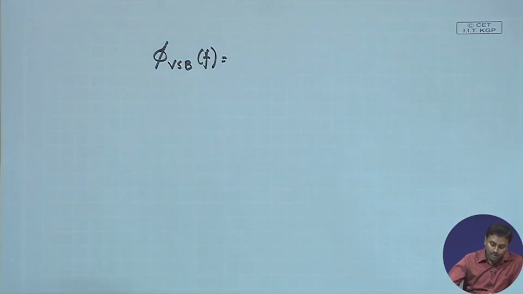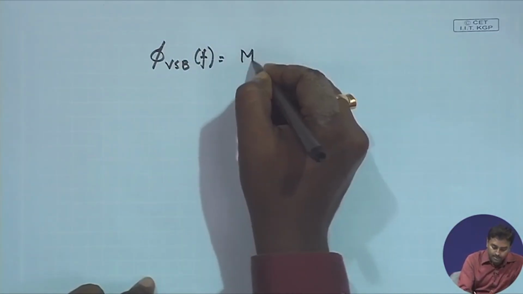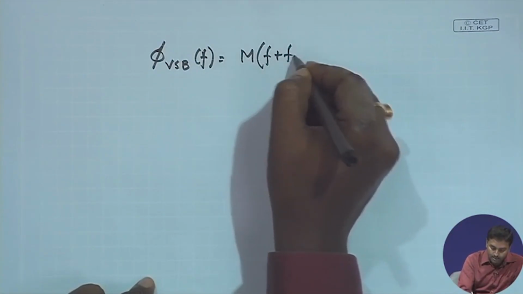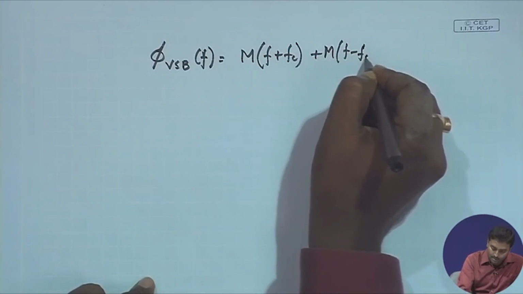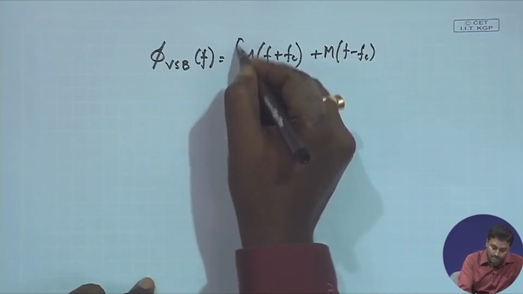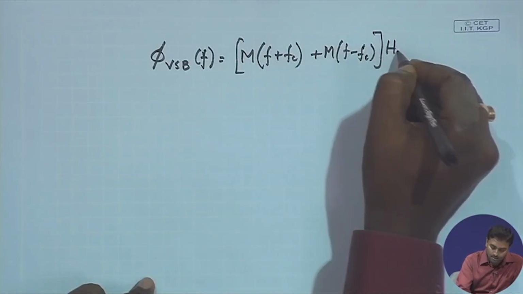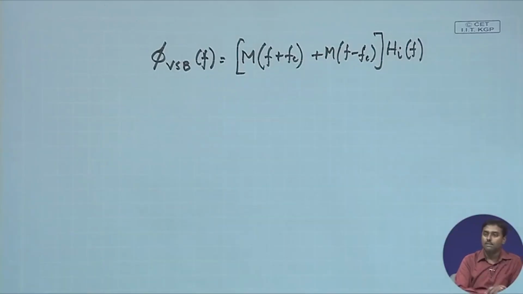We can say it is a modulated signal, which is M(f) plus Fc and M(f) minus Fc. This is just the spectrum of DSB-SC, followed by a filter transfer function. We know that it has either high pass or band pass characteristics.